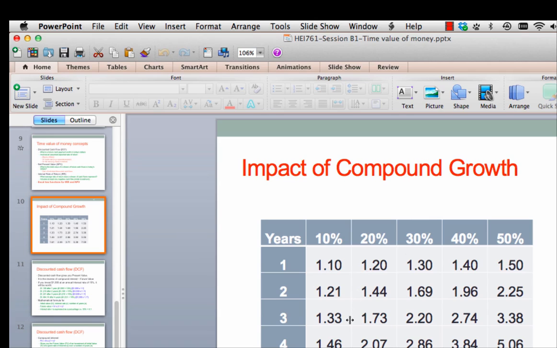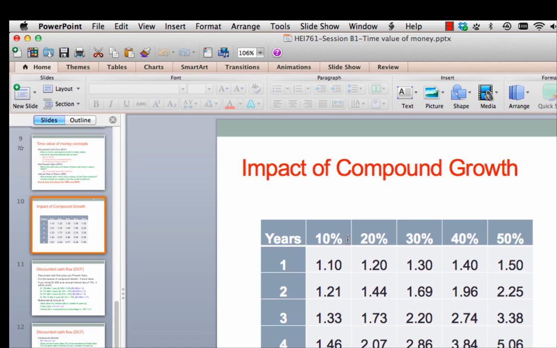And for year 3 you're getting 1.1 times 1.1 times 1.1, which is 1.33, and so on until you get to year 5, which is 1.1 multiplied together 5 times, or in mathematical terms to the power of 5. So if that's what your $1 is going to be worth in 5 years' time, if you get 10% interest every year, then it also follows that $1.61 in 5 years' time is worth $1 today, simply by dividing it by that multiple.